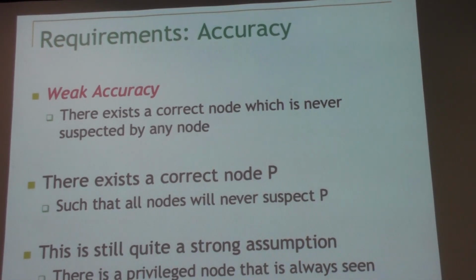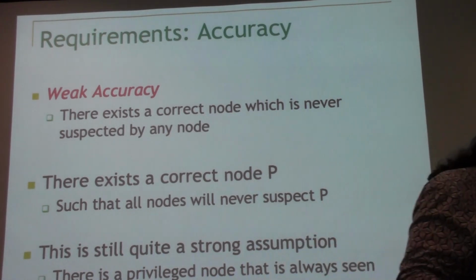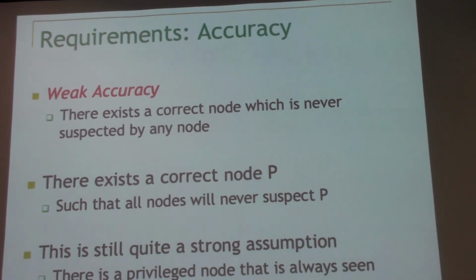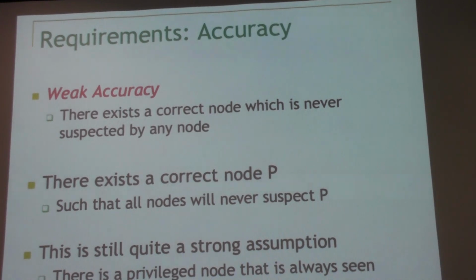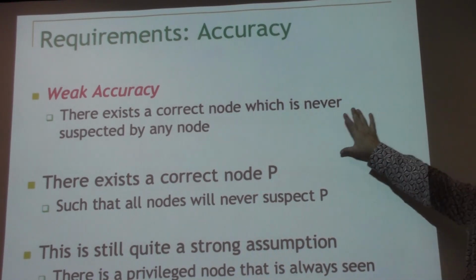So it's kind of like the opposite of weak completeness. It's like the player on the football field who's running around. He's not sleeping. He would not be able to make a goal if he was sleeping. But you see he's not sleeping. You can verify. There exists a correct node, and all the supporters can see that. There exists a correct node, and nobody will suspect it. That is actually much easier.